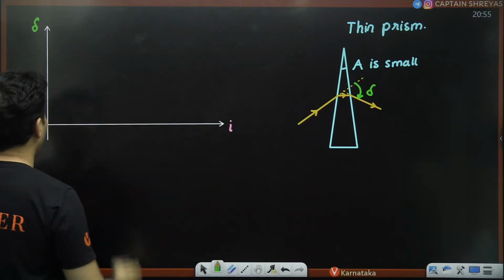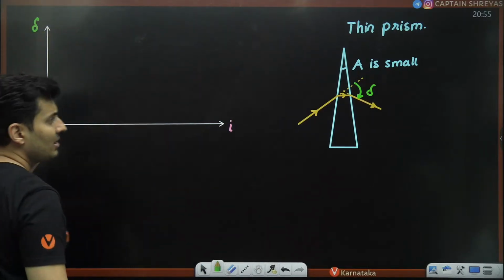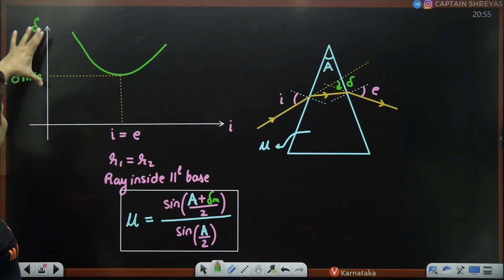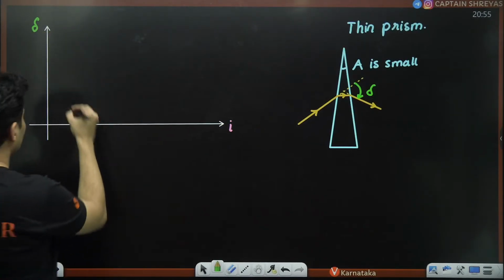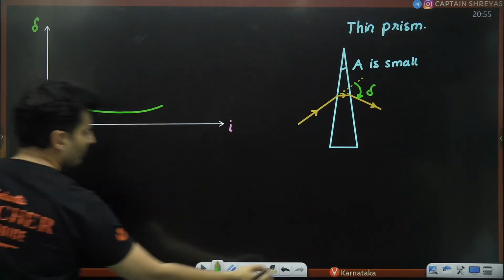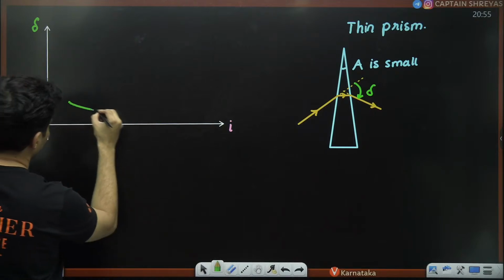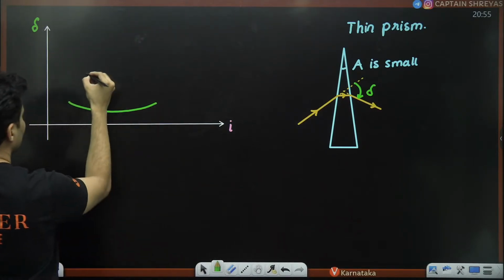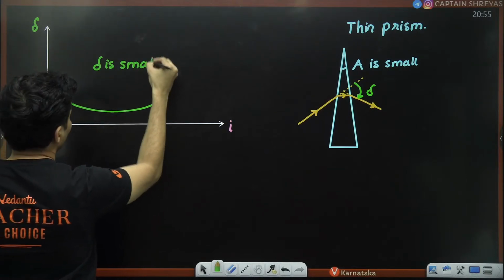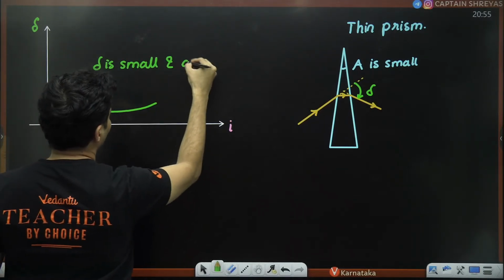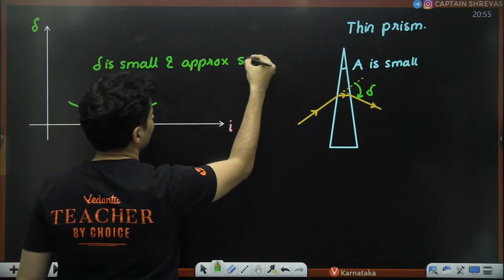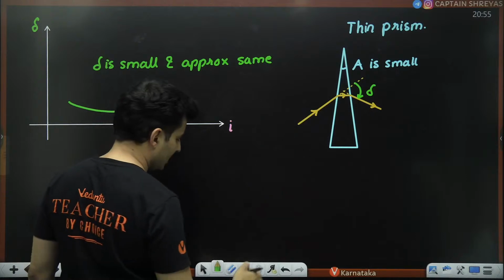If you plot this graph, first of all, the deviation is very small. It's not big. See, here the deviation is significant, right? But here the deviation is small. Not just that, it is roughly a constant. So it is not going to change much. It is probably going to look like this. So delta is small and approximately same throughout. That is the shift.